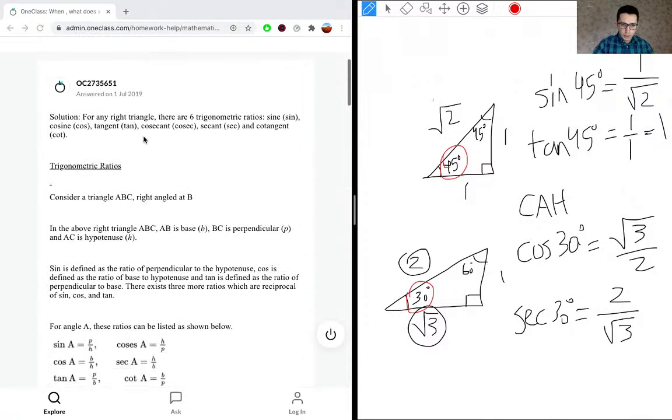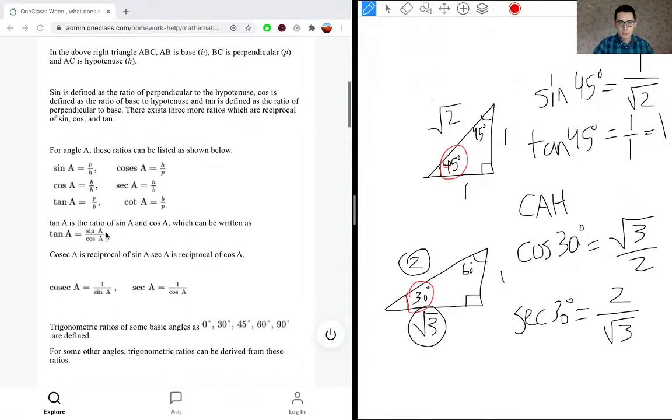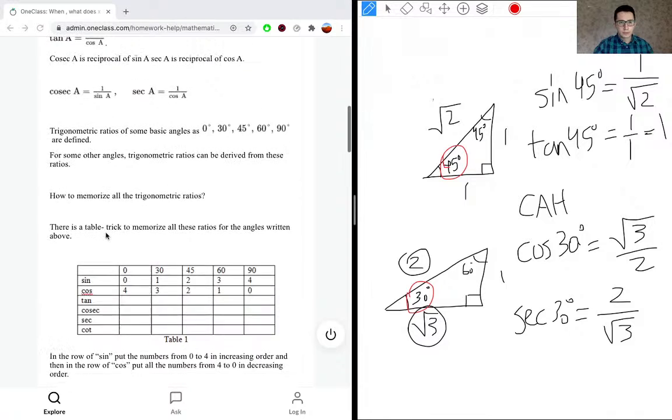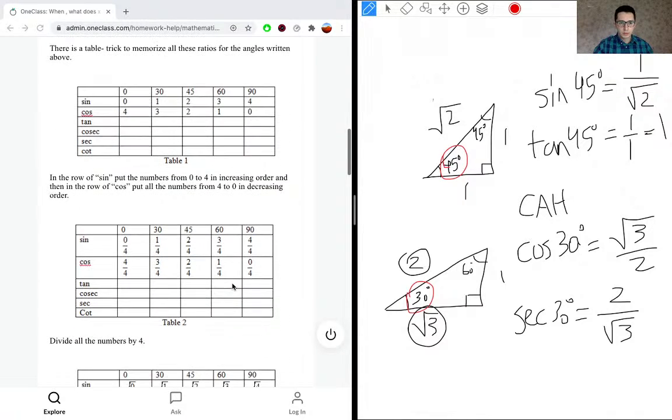Here the outline has the same idea, but they use different variables to represent adjacent and opposite. They create a table for all the sides and all the ratios for the angles.